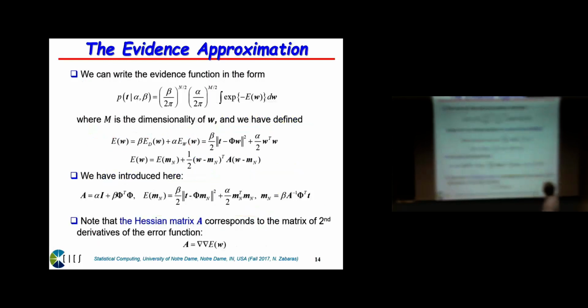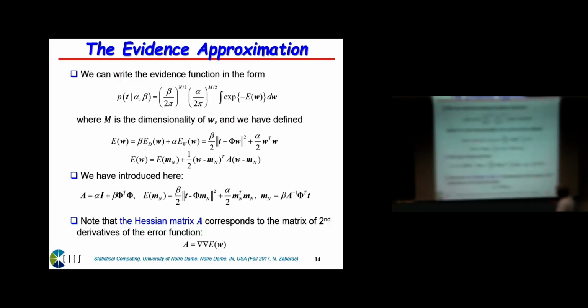So let me give you how it's going to look. The posterior is basically the integral of what you see here, where E is basically, this comes from the likelihood, and this comes from the prior. These are familiar terms, right? Hopefully you remember more or less, okay? And I write this using these error functions, or energy functions if you like.